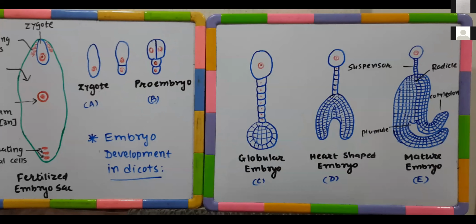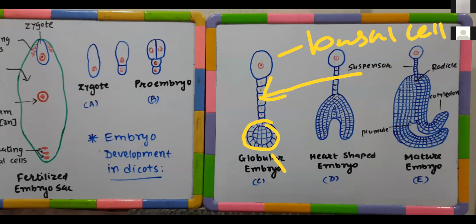Otherwise, you have certain labelings also there. For example, this structure is called a suspensor. This cell is called a basal cell. These are the embryonic cells. This was a basal cell.